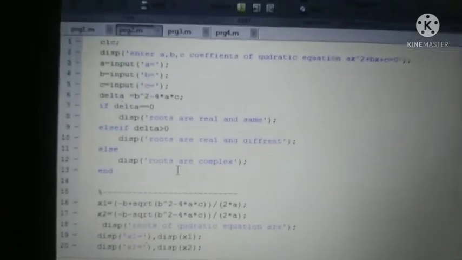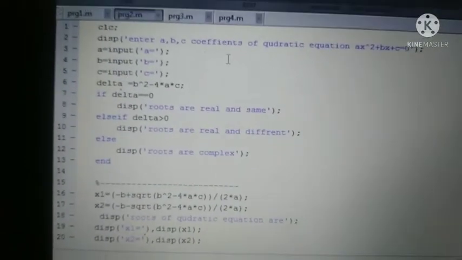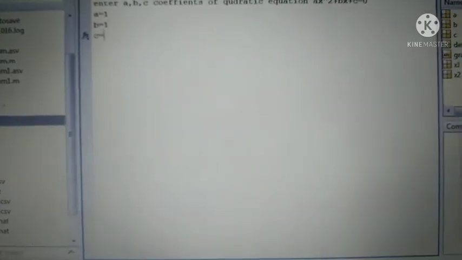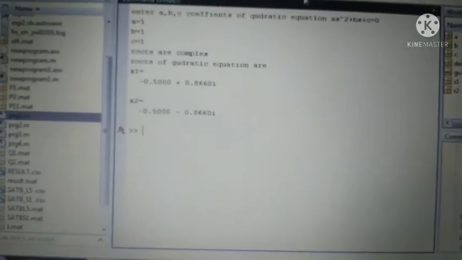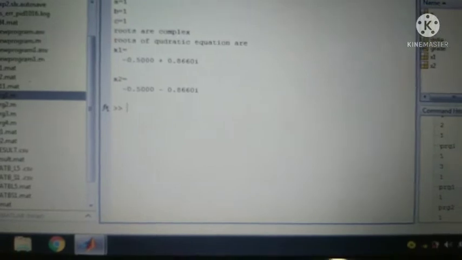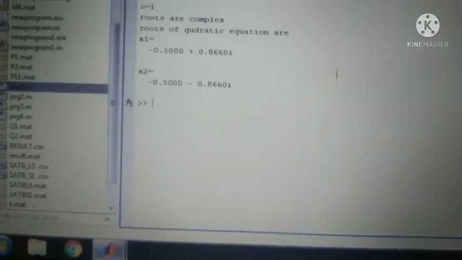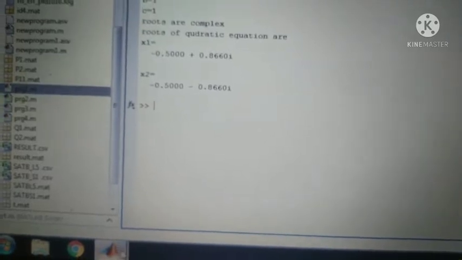Like this we can write the program, and the answer I am getting is the same. Just I will show one condition: A is equal to 1, B is equal to 1 and C is equal to 1. I will get delta negative, so for that reason the roots are complex. So we got the same answer in this case also.